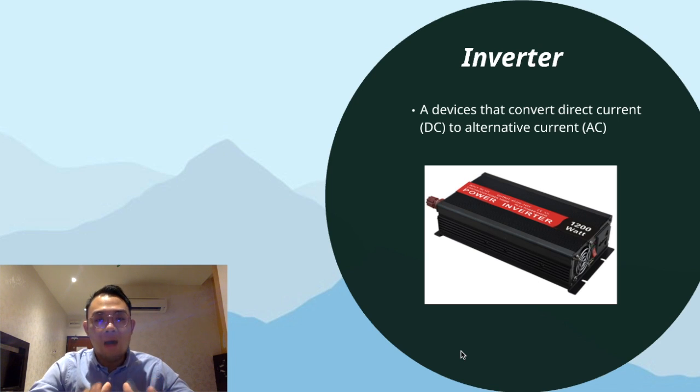However, in our household, we are using an AC outlet, which is alternating current. We have 240 volt in the UK and Malaysia, 110 volt, 120 volt in some countries, and 220 volt in China. So basically, we need a device to convert the DC into AC.